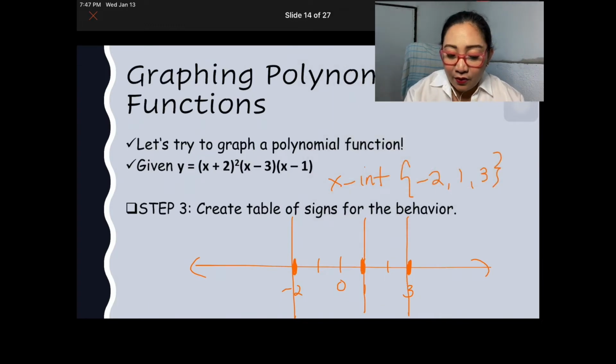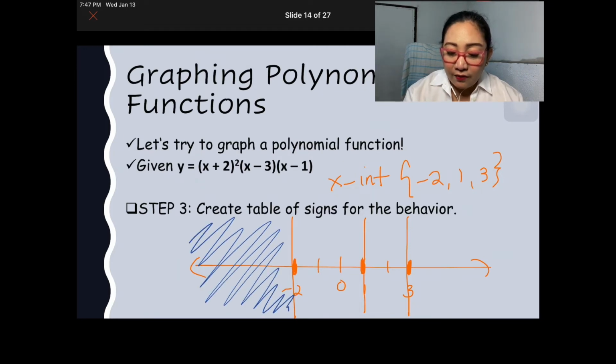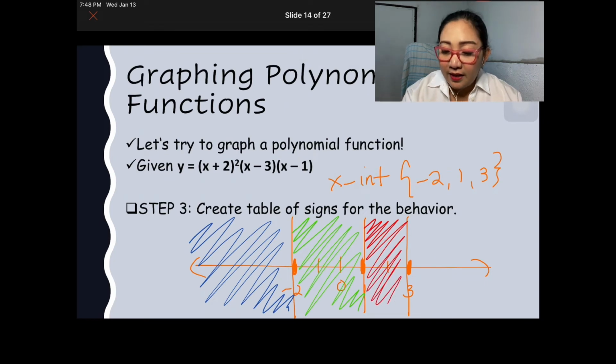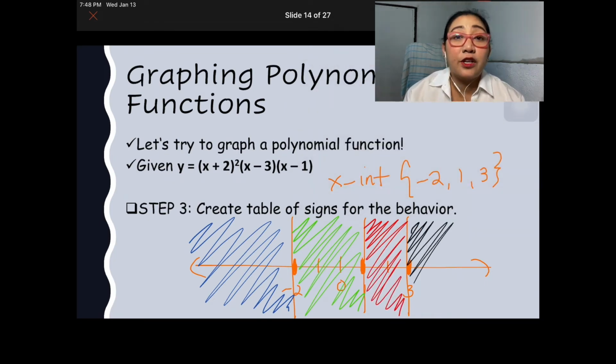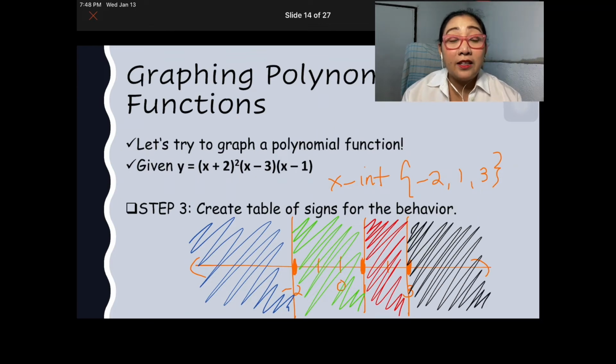We have those that are less than negative 2. We have the one in between negative 2 and 1. We have the one in between 1 and 3. And then lastly, we have everything that is greater than 3. So, yan din pong area na yan ang gagamitin natin for our table of signs.